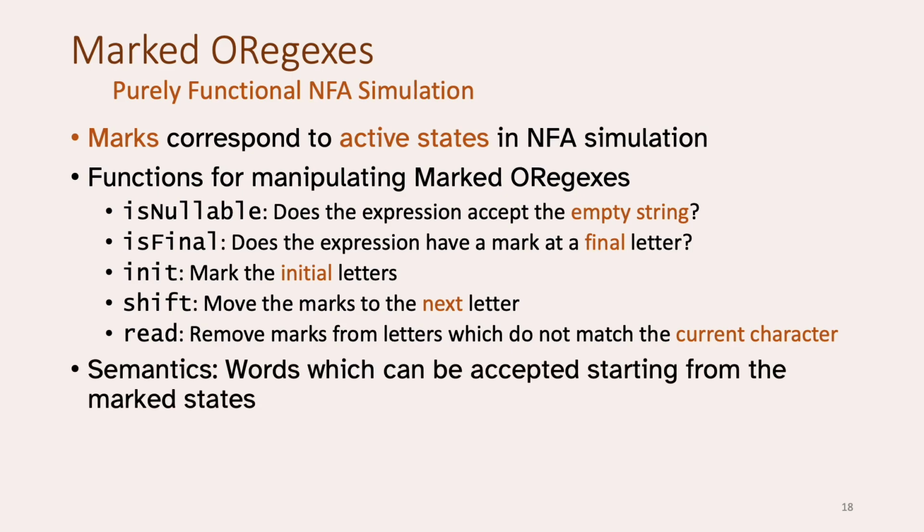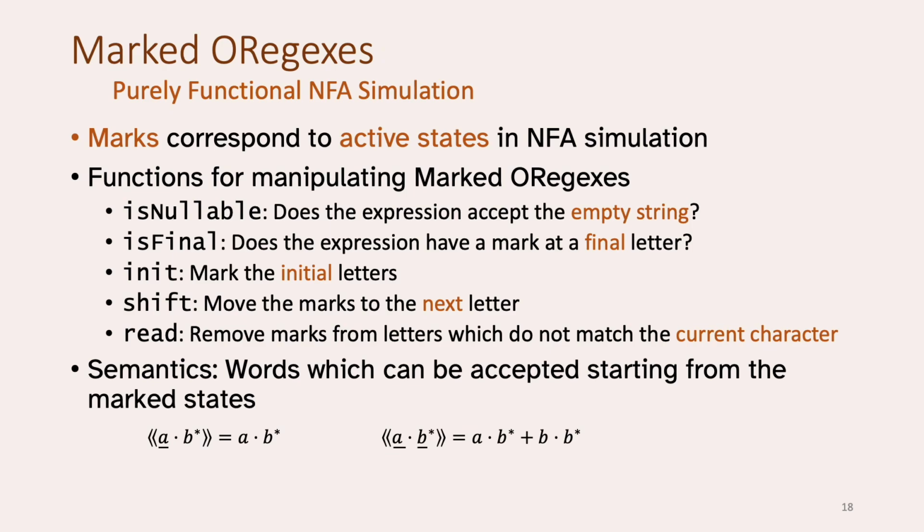For the purpose of verification, we assign a notion of semantics to these marked expressions. The denotation of each marked expression consists of the language of words which can be accepted starting from the marked letters. For example, if we have the regex AB star with the initial A marked, then the denotation corresponds to the language AB star itself. This is because A is an initial character here.